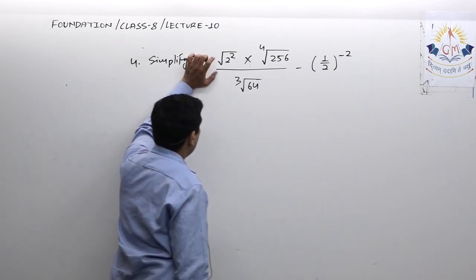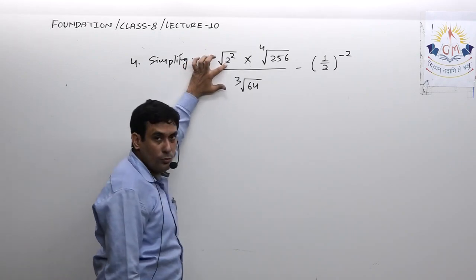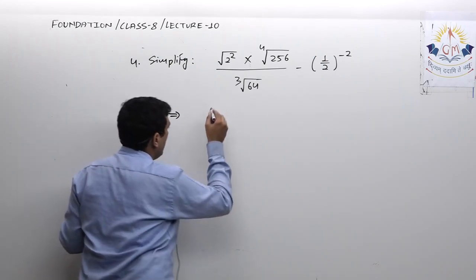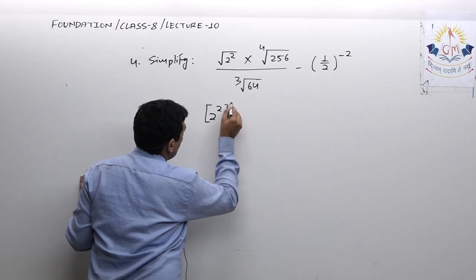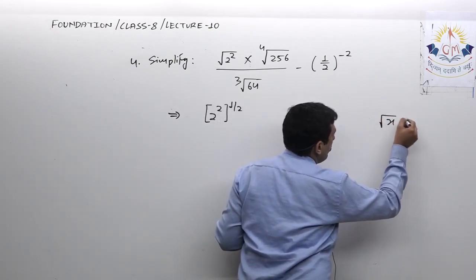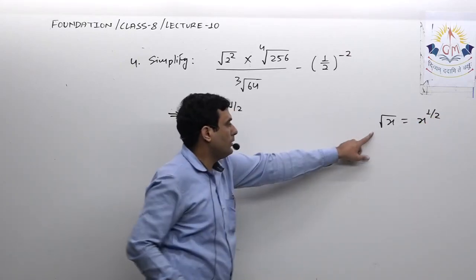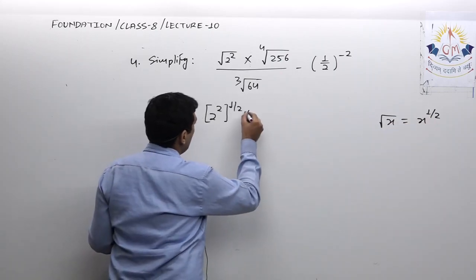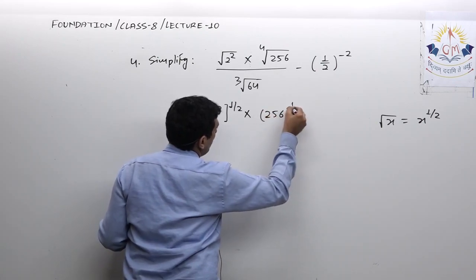Okay, see, this is 2 square and its root. That means actually 4 root, that is 2. But if I want to solve it in steps, this will be 2 raised to 2, raised to 1 by 2. As I told you in some useful results, root x means x raised to 1 by 2. Whatever is the root sign, raised to 1 by 2. Into 256 raised to 1 by 4.